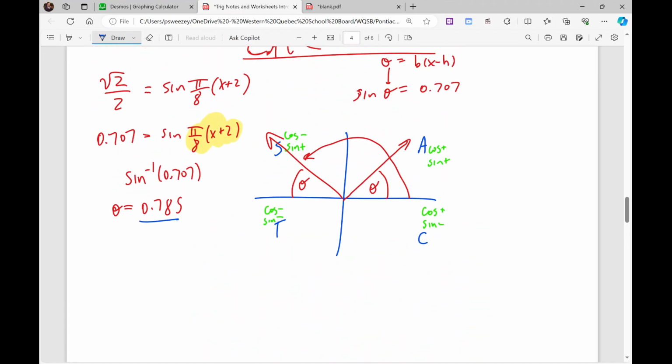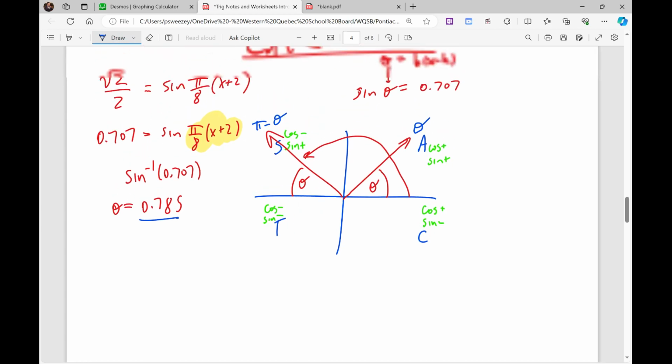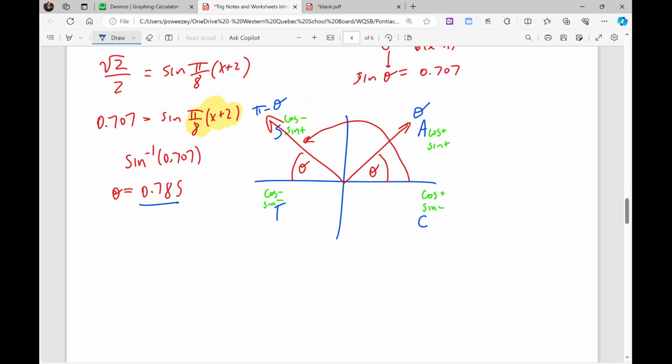So let's come back here. I know the first one is in this quadrant, so this angle is just going to be theta. But this one is going to be pi minus theta. So let's now write that out. We can split this off, one here and one here.